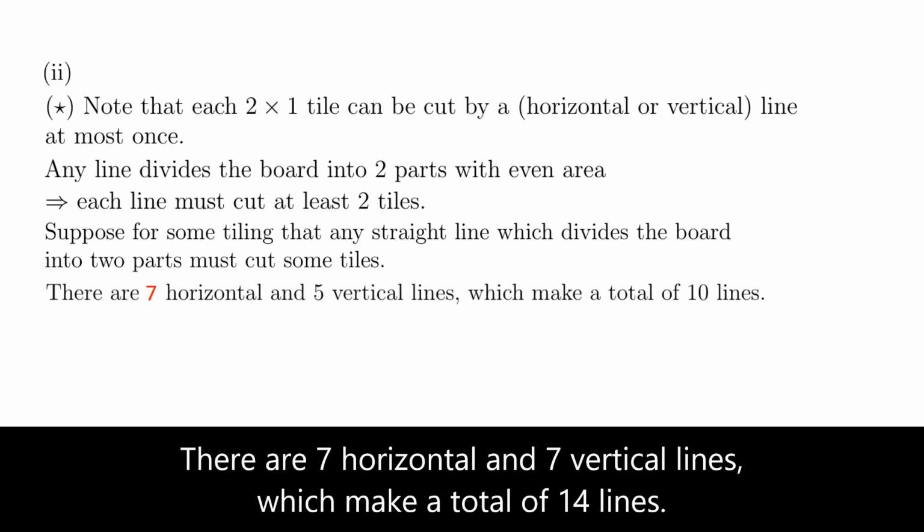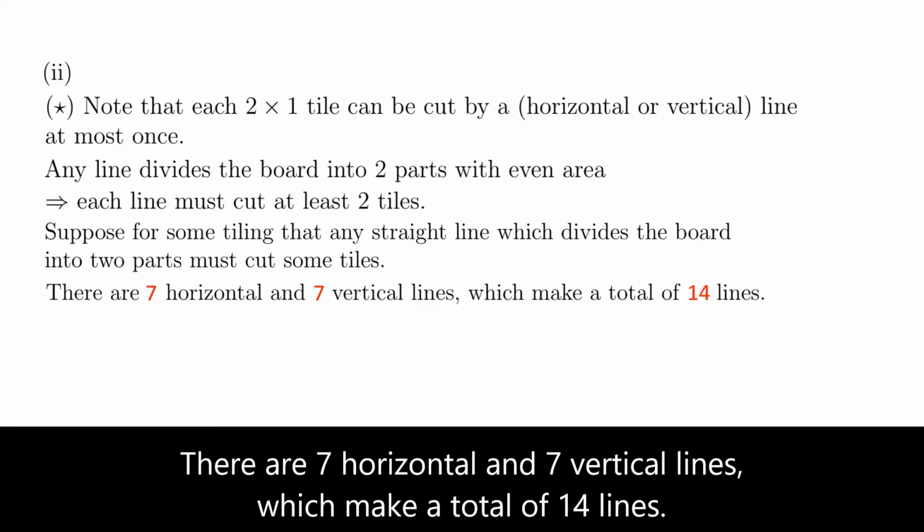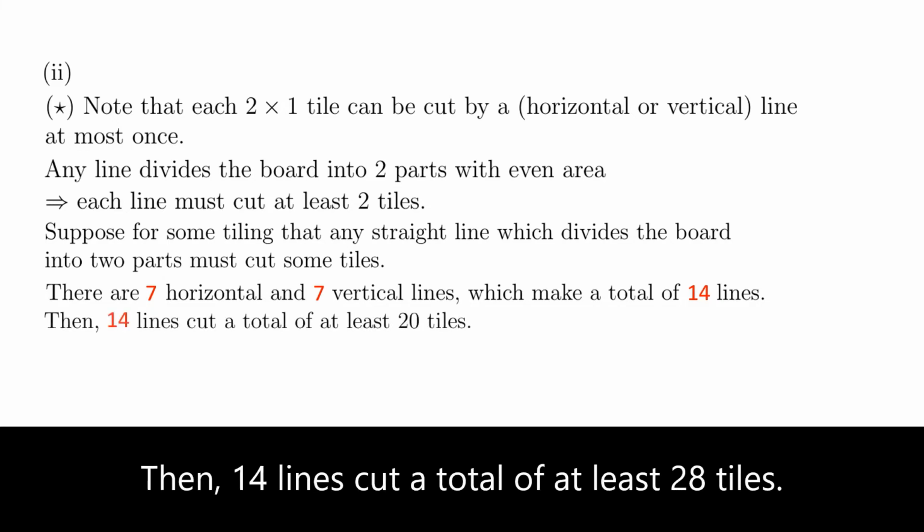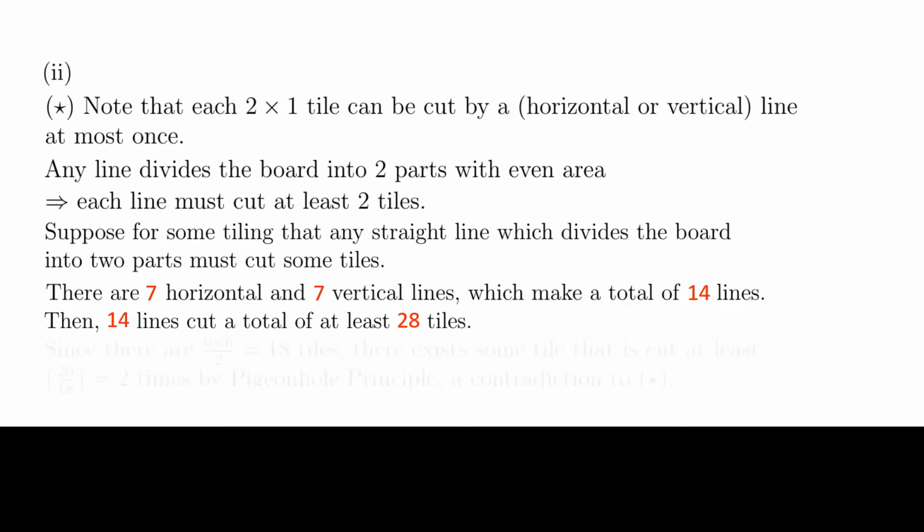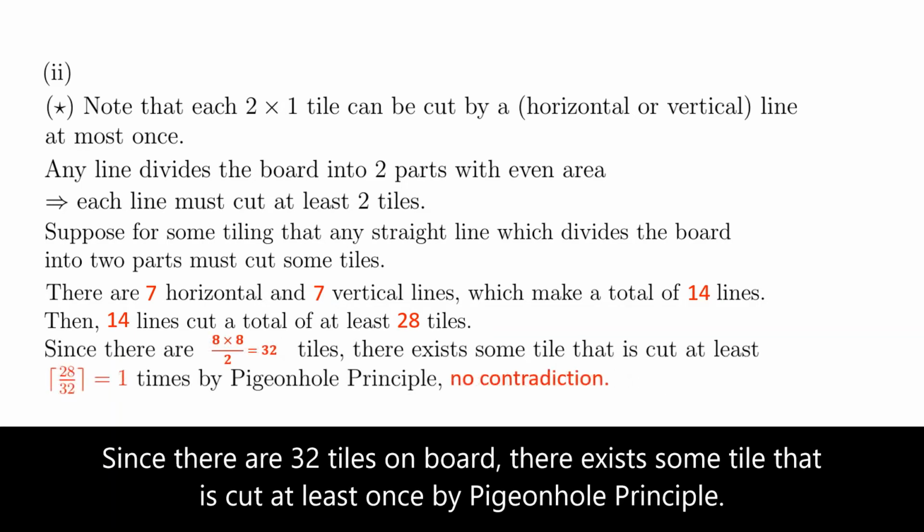There are 7 horizontal and 7 vertical lines, which make a total of 14 lines. Then 14 lines cut a total of at least 28 tiles. Since there are 32 tiles on the board, there exists some tile that is cut at least once by the pigeonhole principle.